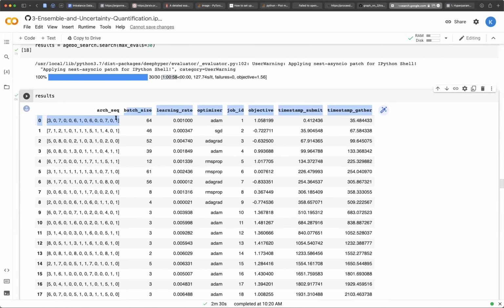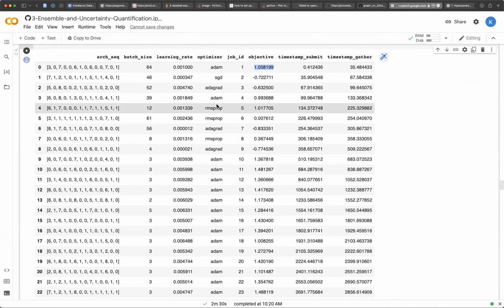The first thing here is the architecture sequence, which is given as a list of integers, which makes our search problem with aging evolution actually pretty nice to use. There is a batch size, our best learning rate, the best optimizer is Adam, the objective, and the timestamp, the amount of time it took to gather these things.